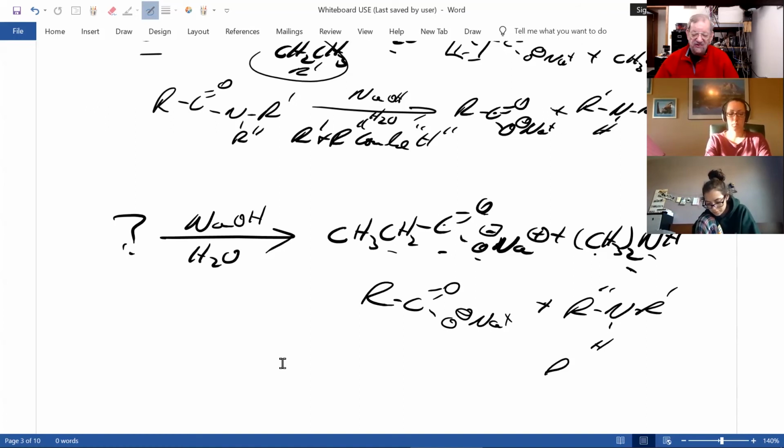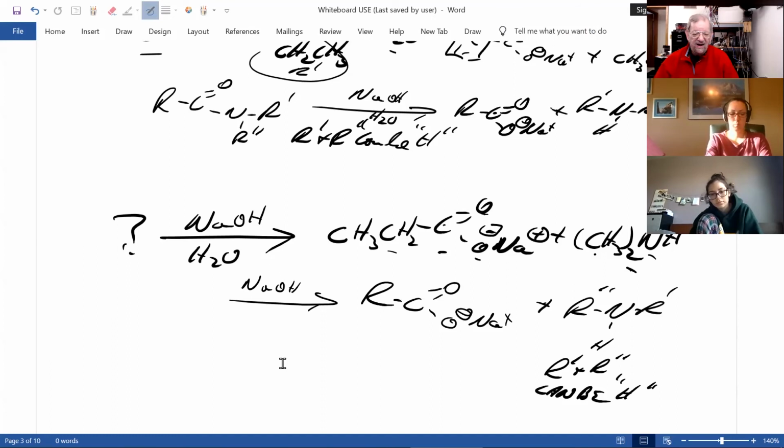In this case, it's not, but it could be. Our prime and our double prime can be hydrogen. And what do you react with sodium hydroxide and water to make these two compounds? An amide.